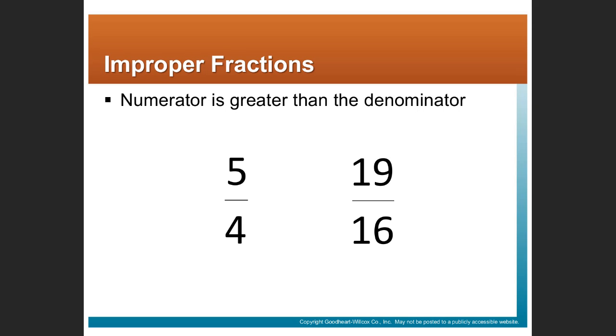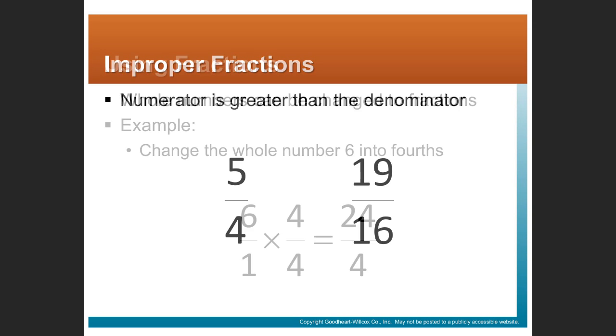An improper fraction is defined as one where the numerator is larger or greater than the denominator. So 5/4 or 19/16, those are both improper fractions. Those are numbers that are greater than 1. So we're going to simplify improper fractions and make them mixed numbers.